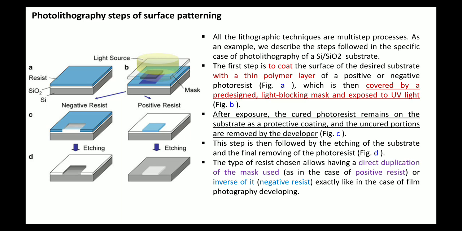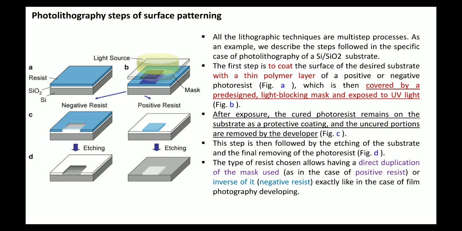So by making the pattern of photoresist material, the remaining part of SiO2 you can etch out. In this way you are able to make the patterning of SiO2 on silicon. These are the steps.